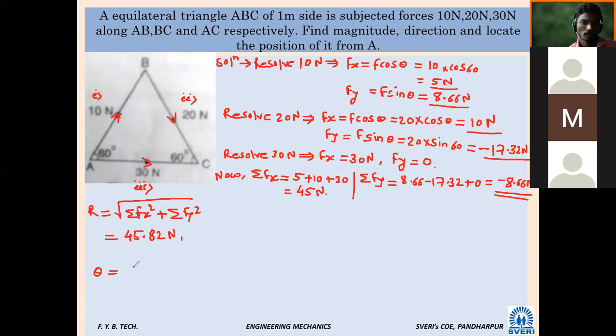Okay. Theta is tan inverse of summation Fy upon summation Fx. Calculate. Will it be positive or negative? Negative. How much?